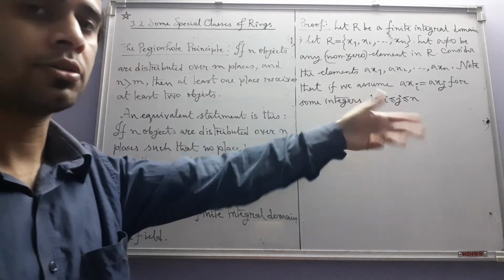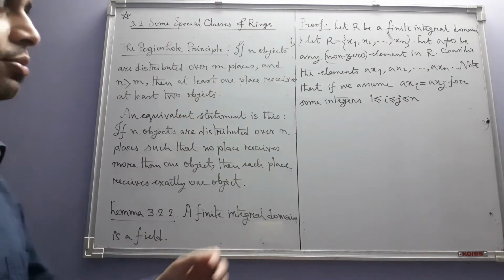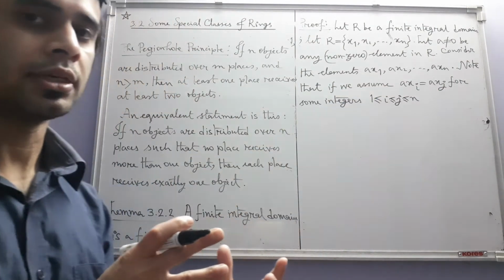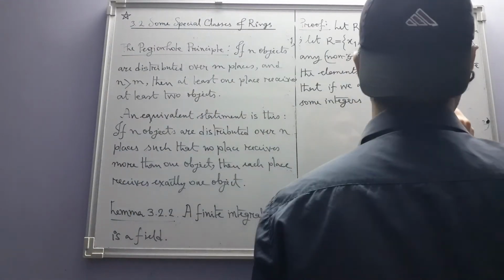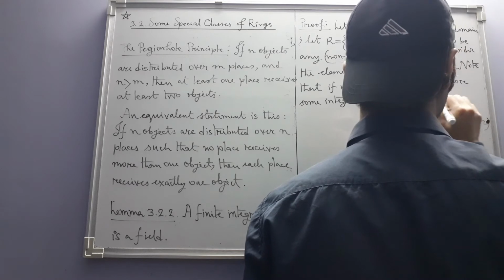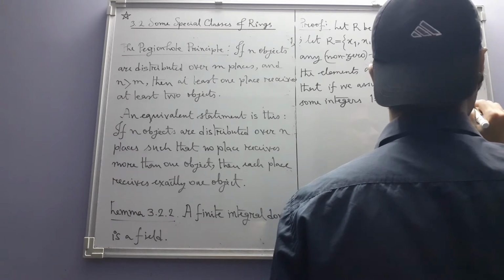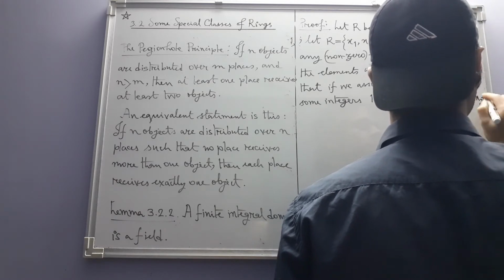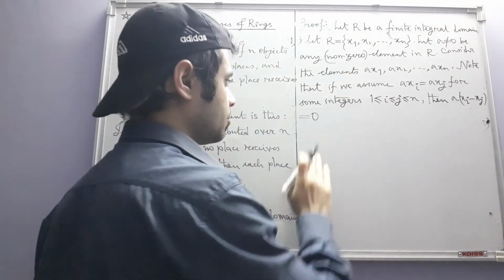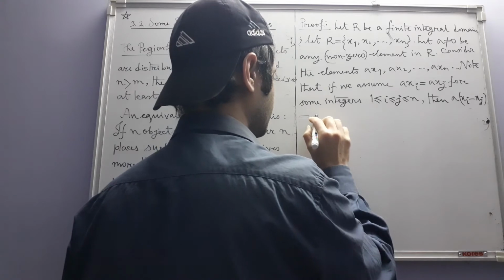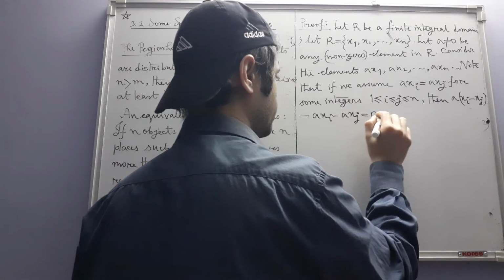One of them will be less than or equal to the other. What I am trying to say here is that if this list collapses, if there are some repetitions in this list, then a times (xi minus xj) is equal to 0. Okay, let me write why this is 0: axi minus axj is equal to 0.